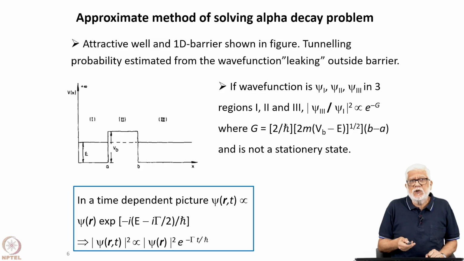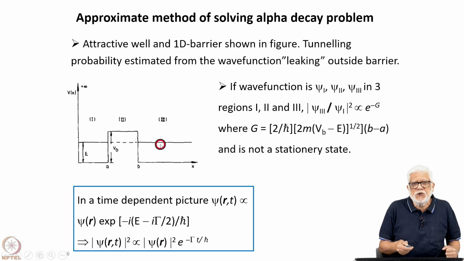There is an approximate way to solve this problem with a very simplistic approximation: the alpha is in the potential well of the nucleus, and then there is a square barrier, and if it has energy E, it can tunnel through this square barrier. This is a very naive approximation, but it is a useful exercise to see what it leads to.